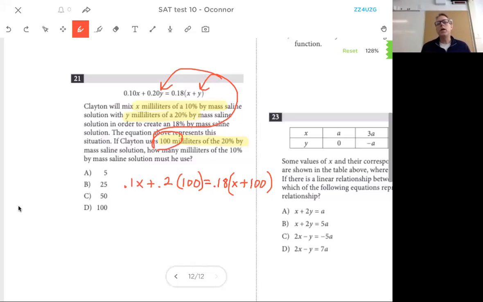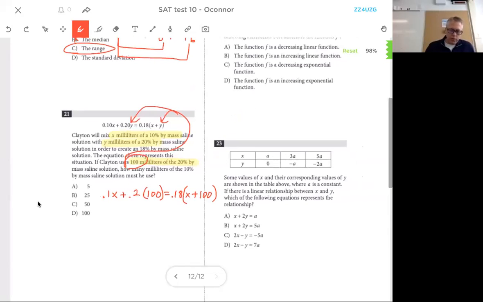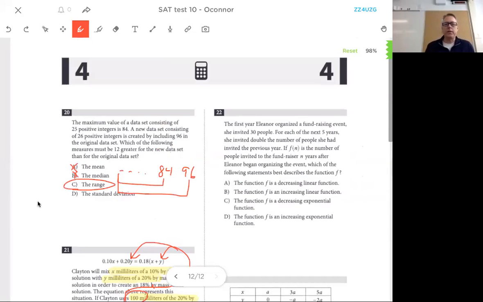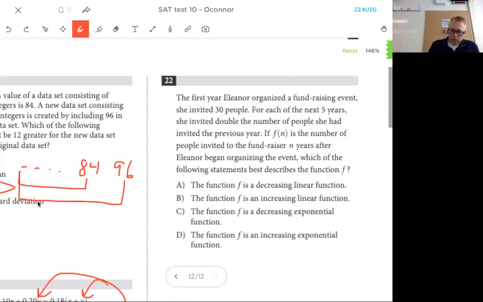You cannot use it on the ACT, but you can on the SAT. Mine is just opening up, so give me a second. I'm going to move on to the next one and then come back to that problem when the calculator is open.